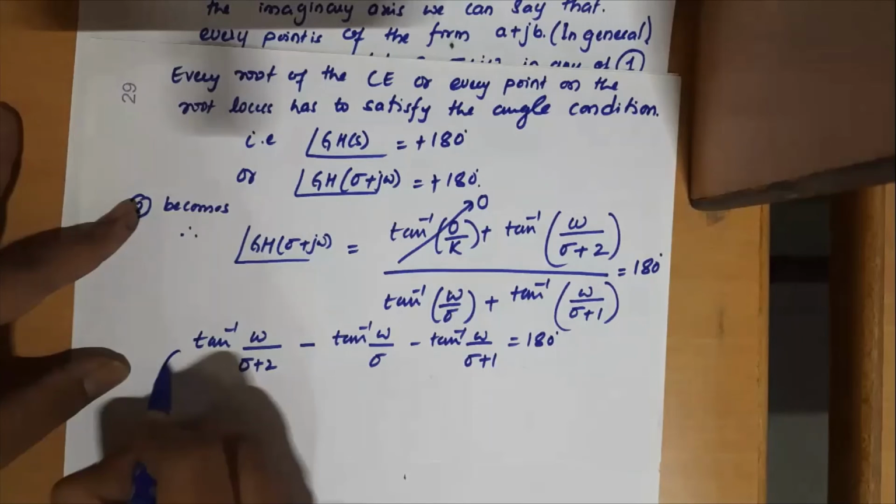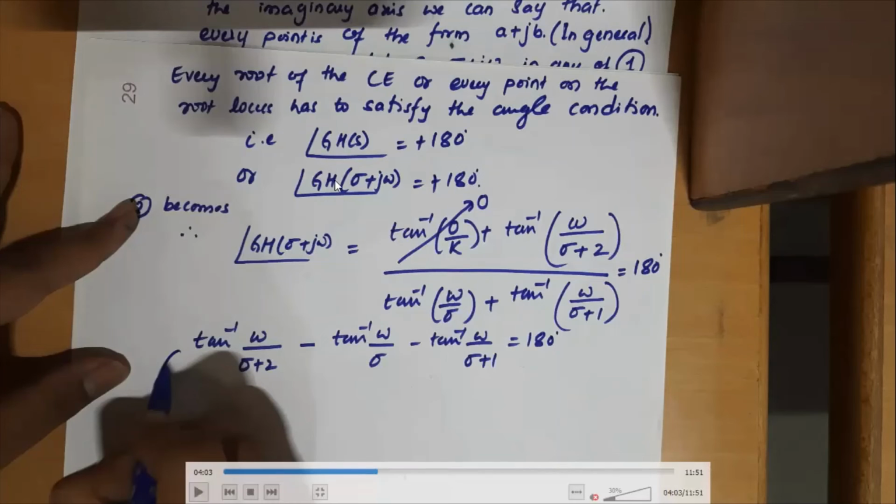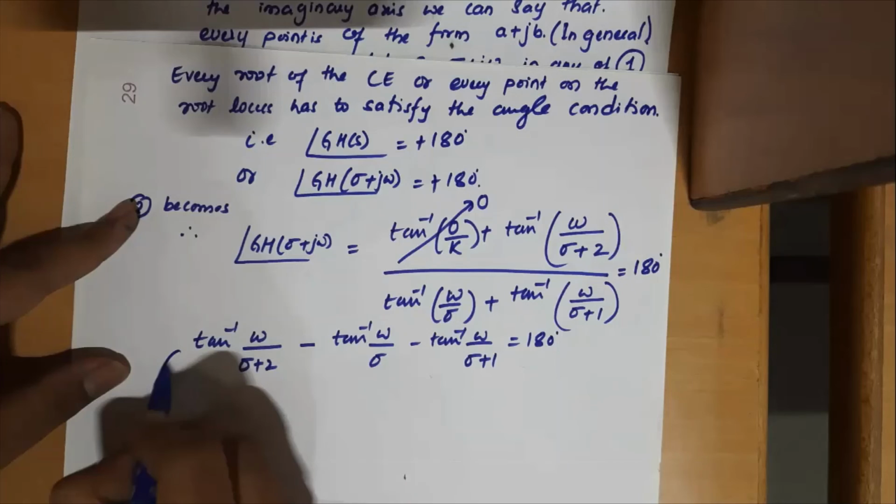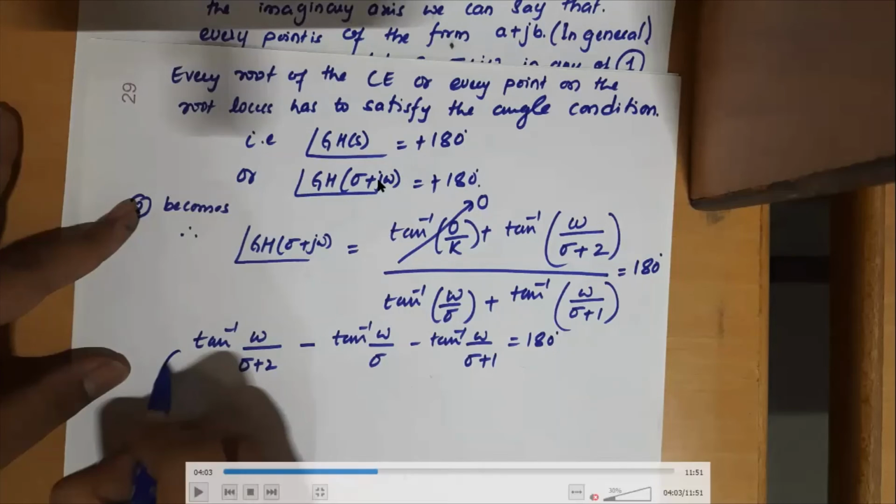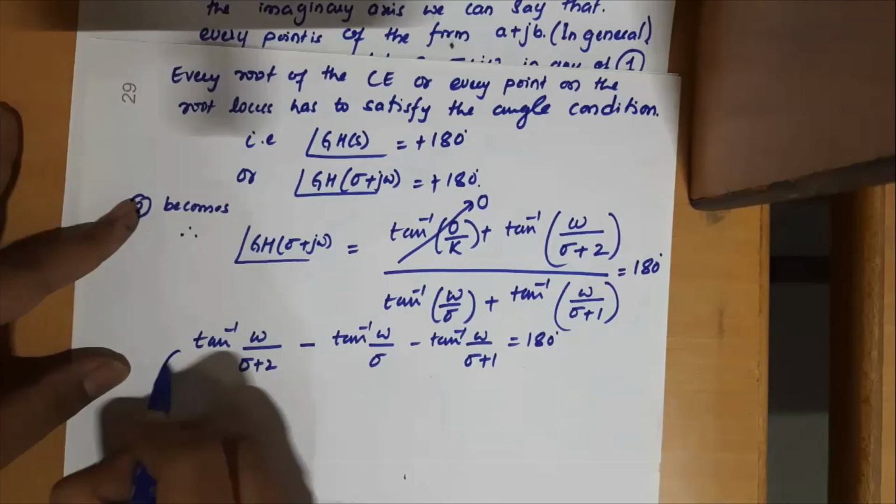Our objective is to show that part of the root locus is a circle. Now we are proceeding with the idea that every point on the root locus obeys this condition, or every root of the characteristic equation obeys this condition, where sigma and j omega are the set of points calculated over a range of K. Ultimately I will show that this set of points calculated from K makes a circle.